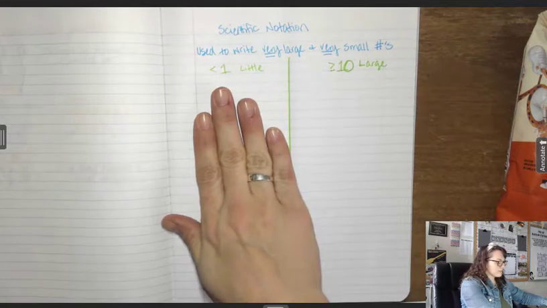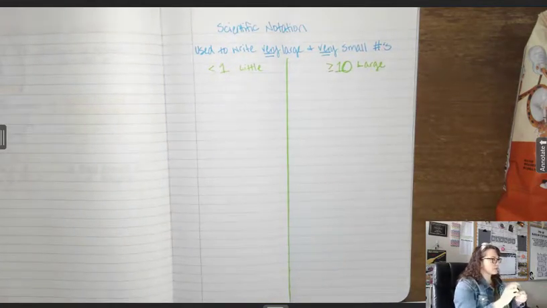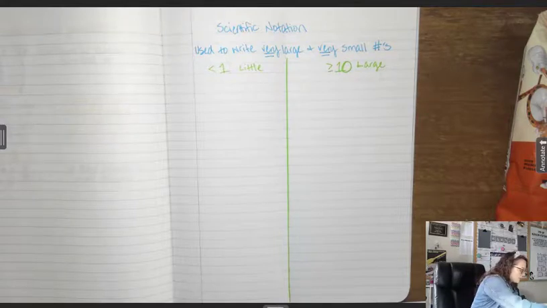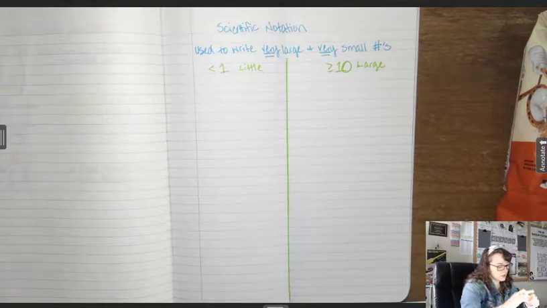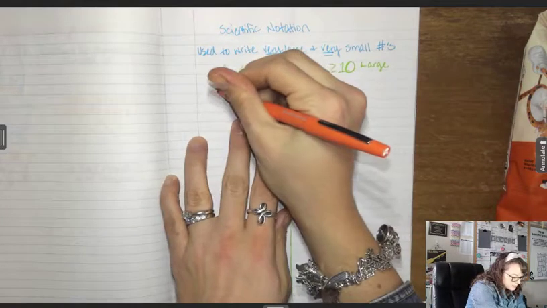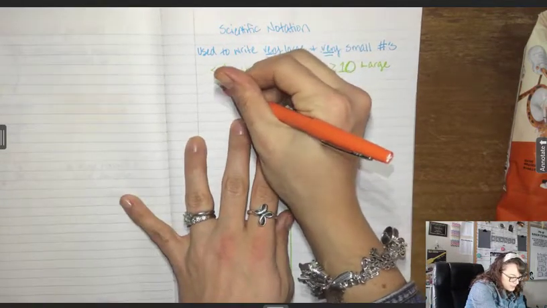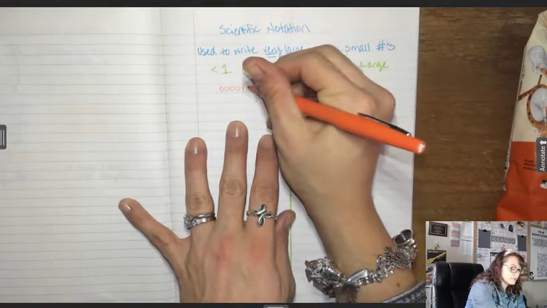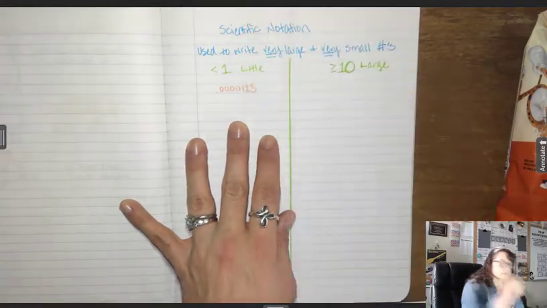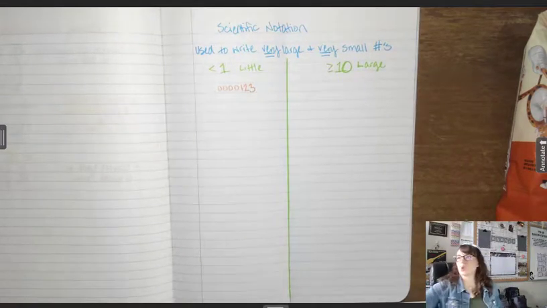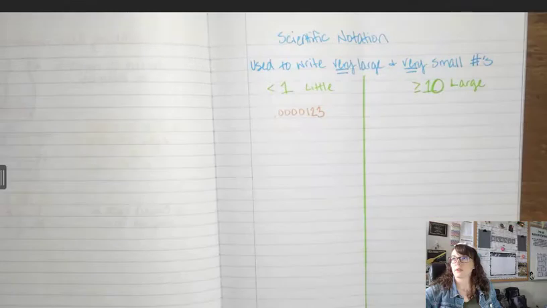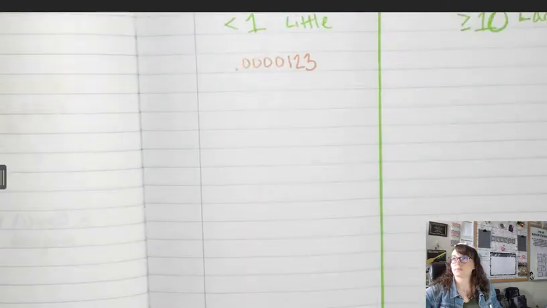For the little numbers, I'm talking 0.00000 stuff. So my example number is going to be 0.0000123. That's 0.0000123: four zeros, and then 1, 2, 3.